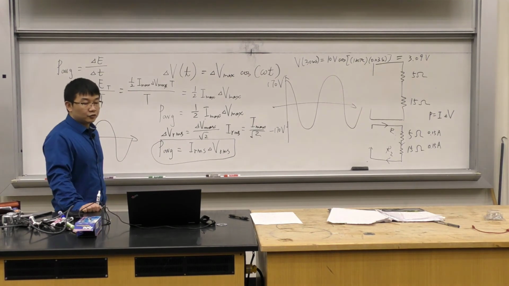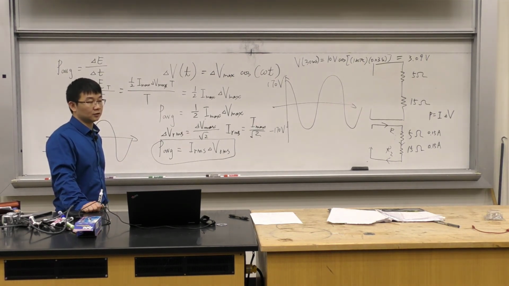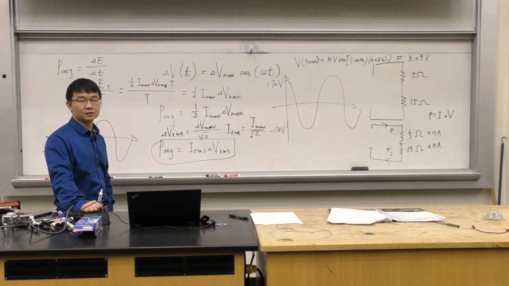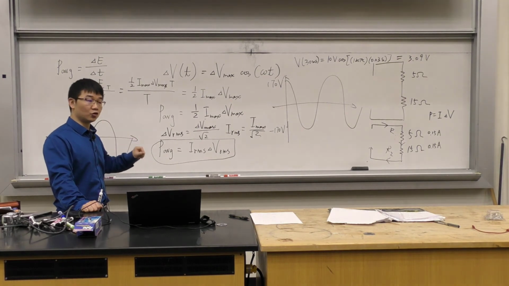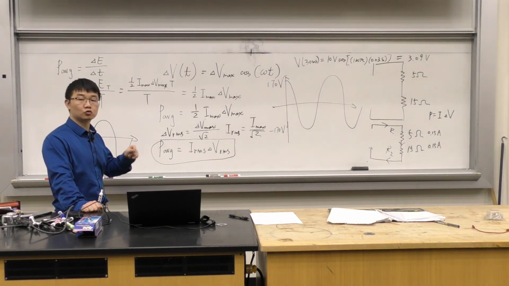Now, if you go to a different country, that country may use a different voltage, right? For example, if you go to China, China uses 220 AC voltage, okay? So that means the RMS value of the voltage you get from a wall outlet in China is 220, okay?